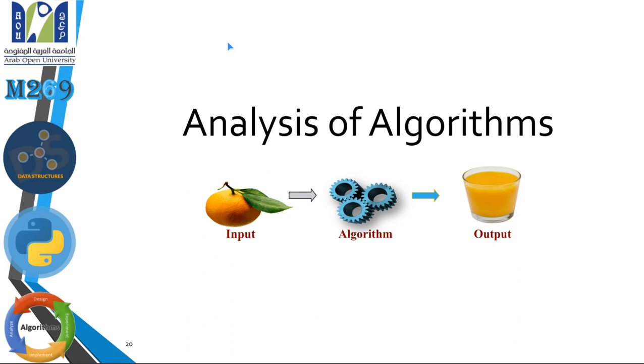The solution of the algorithm is the output. So if you want to analyze the algorithm, you should look at this part. Okay? The algorithm itself, not the input nor the output. We need to use the input and output to verify the correctness of the algorithm.